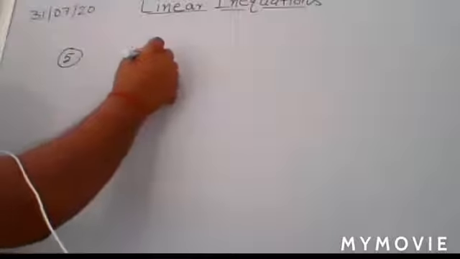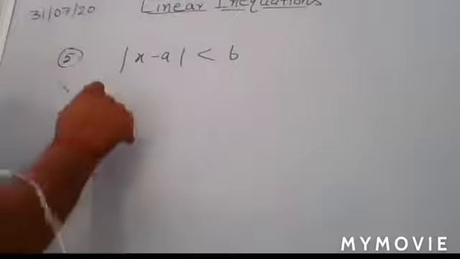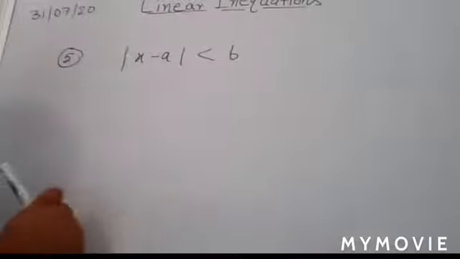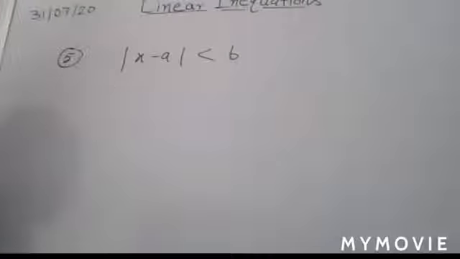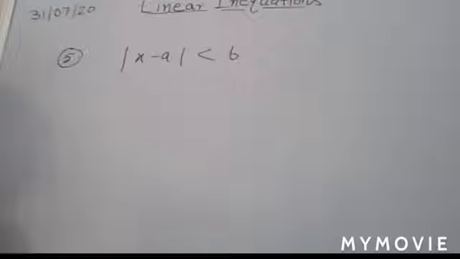Suppose you have a result mod of x minus a is less than any number, suppose here you write b, then what is your result? Suppose a is any fixed number, and here you take mod of x minus a, and b is any positive real number. So in which way you can express your answer?